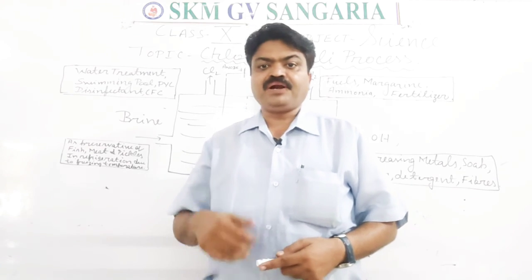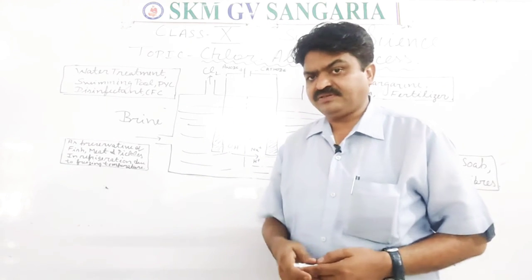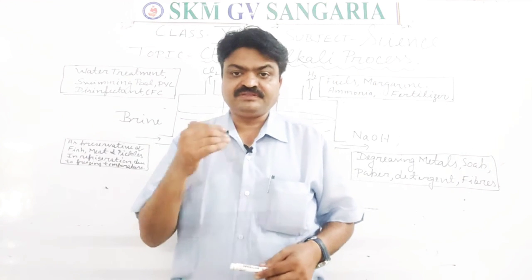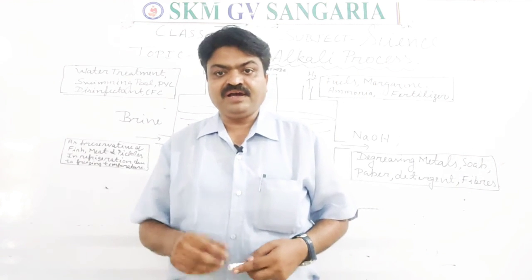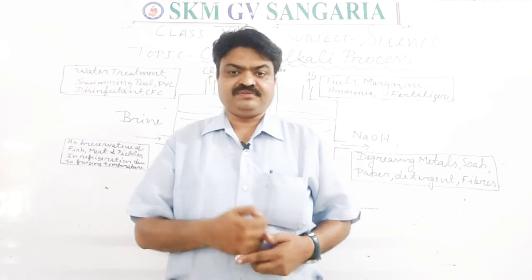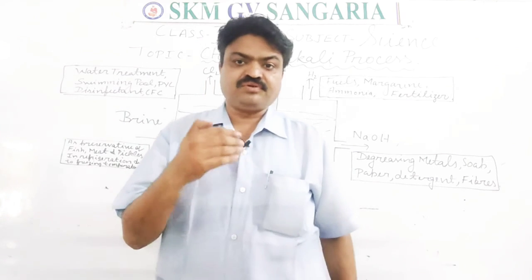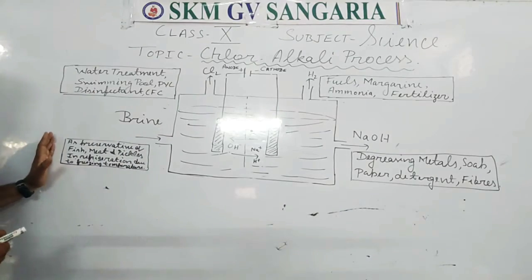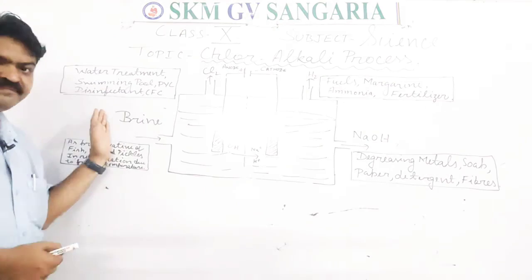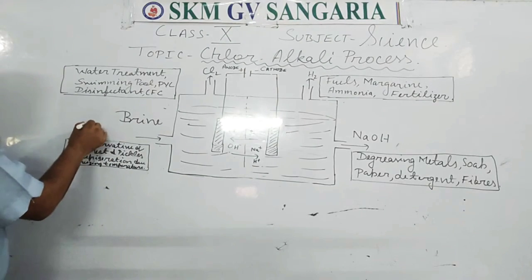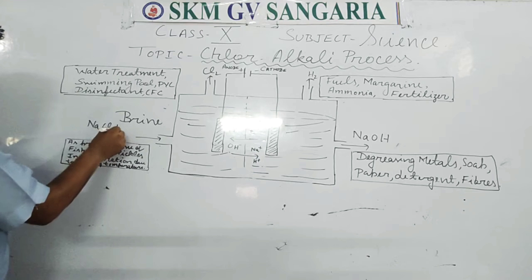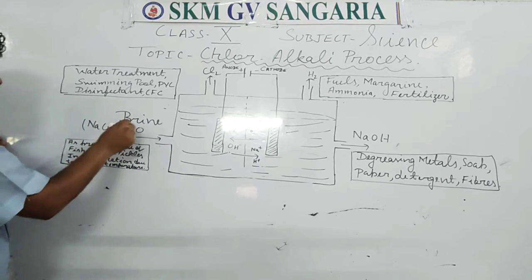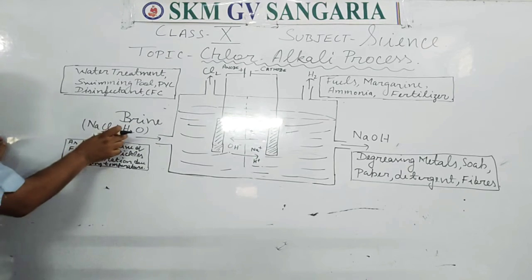In this, the primary chemical substance that is used, student, is brine. Now what is brine? Brine means the aqueous solution of salt, or aqueous solution of sodium chloride. Brine means NaCl and water together.